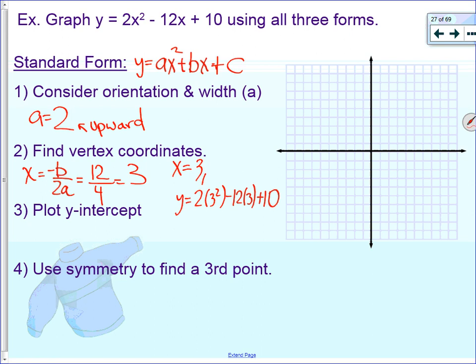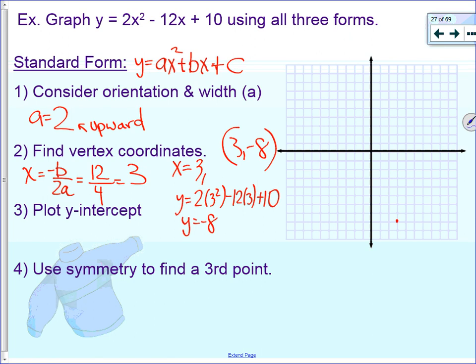I can plot my y-intercept. My y-intercept is 10. And I know that because the y-intercept occurs when x equals 0, and that's real easy to find when you're in standard form. So there's your y-intercept. I can actually get a bunch of points at this juncture in my process.